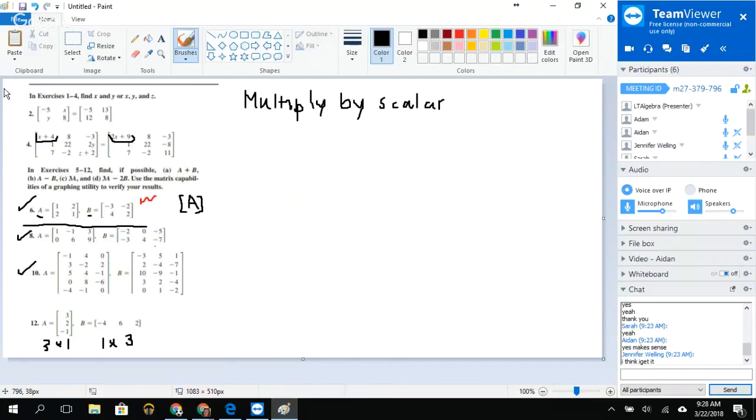Okay, so in this case, they want you to multiply matrix A by 3. What that means is that every entry in matrix A is going to be multiplied by your scalar, which in this case is 3. So it's going to be 3 times my entry in the first row, first column, 3 times my entry in the second row, first column.